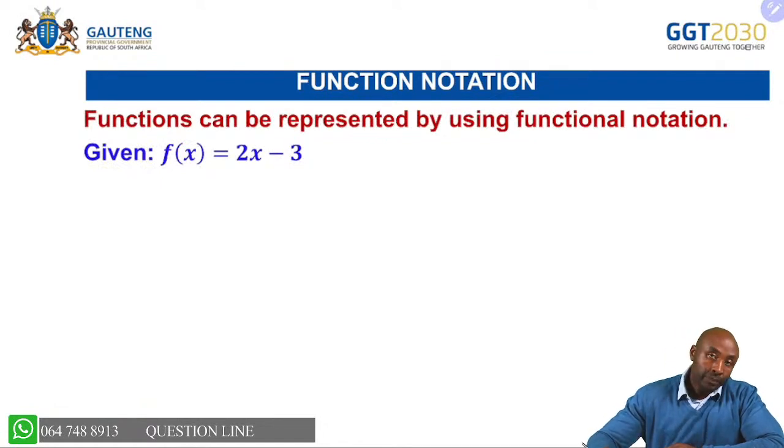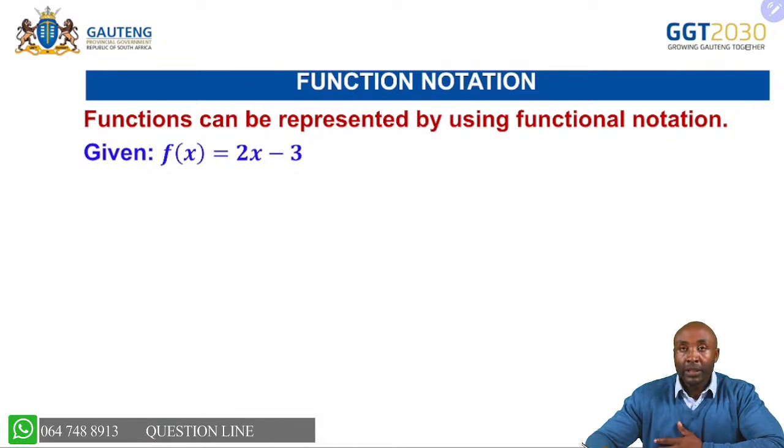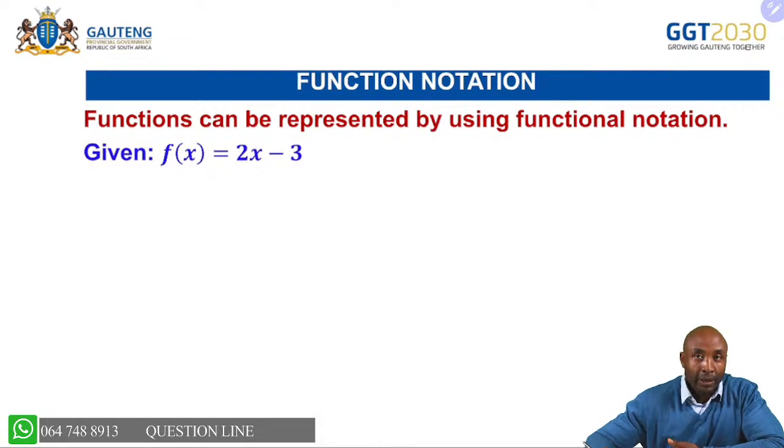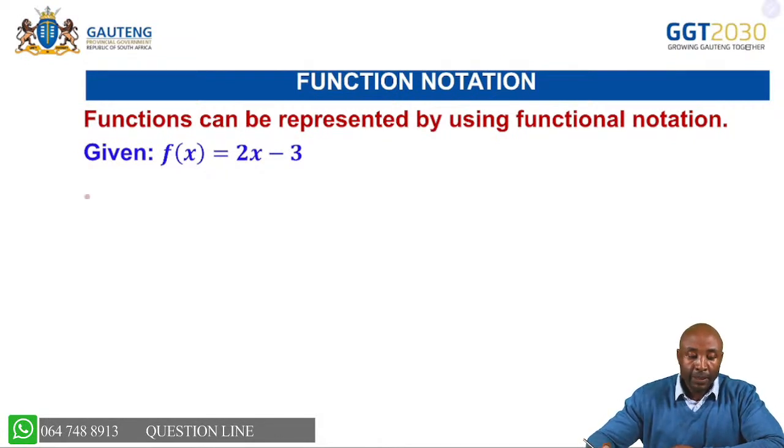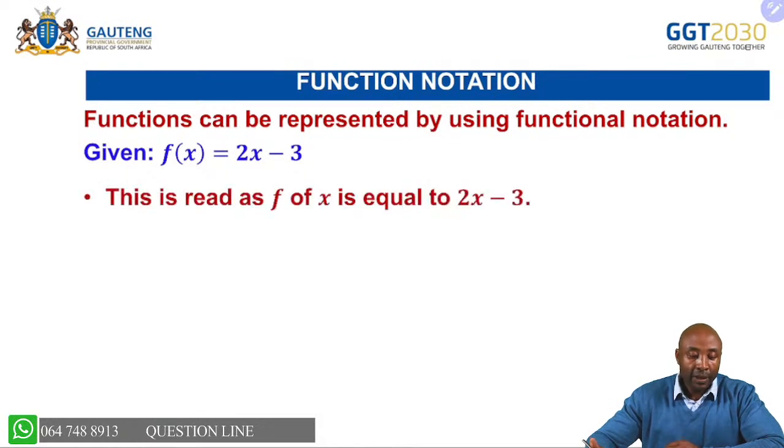As well, we are also going to learn about the functional notation as we move along, where we are moving from y to introduce f of x. This is interpreted as our function of x is equal to 2x minus 3. So this is our function in terms of x.